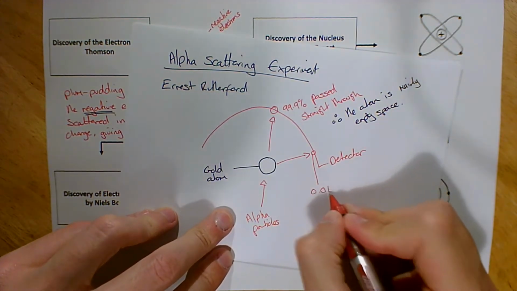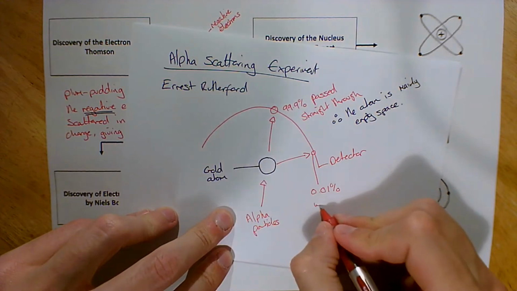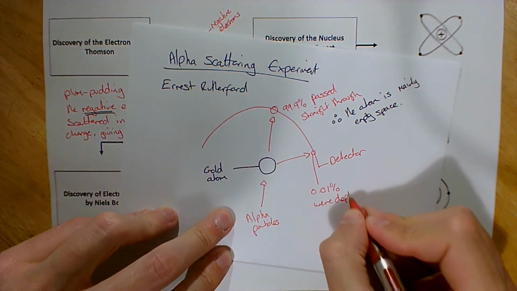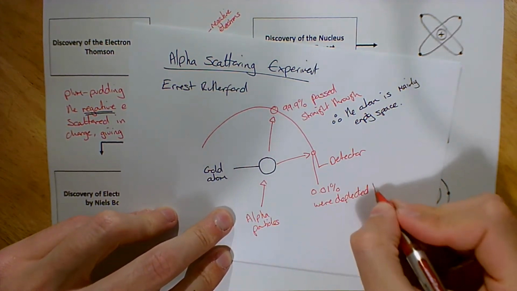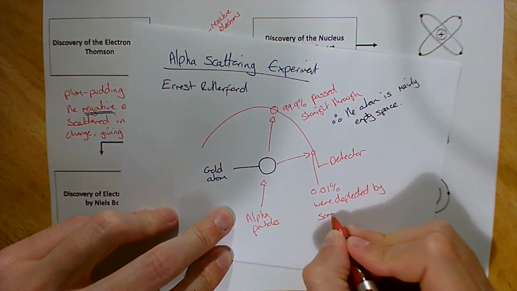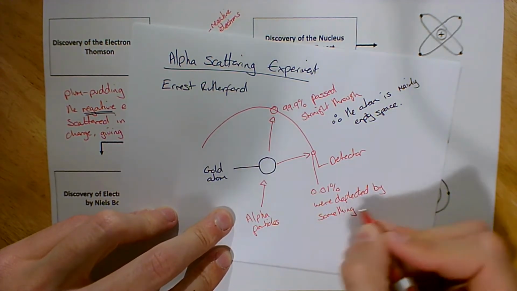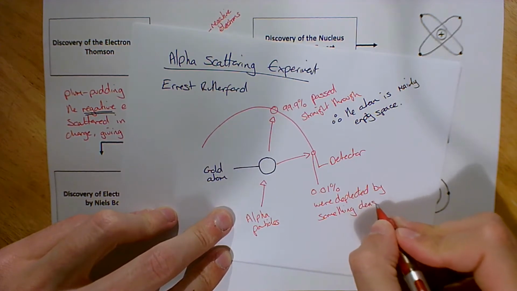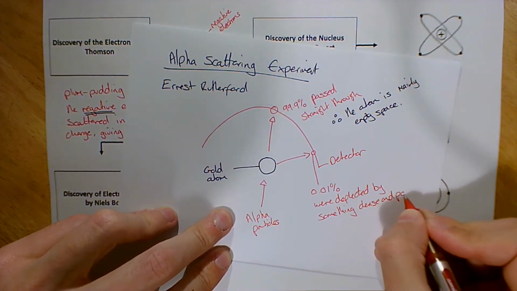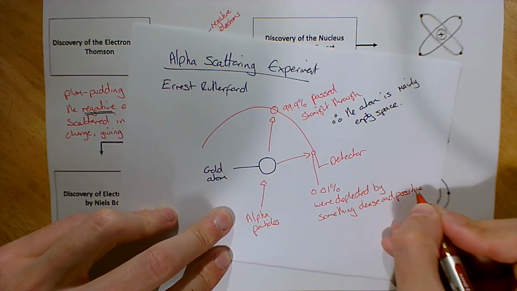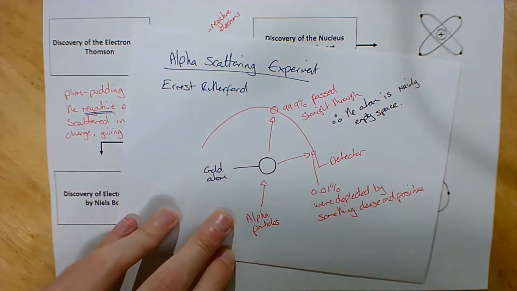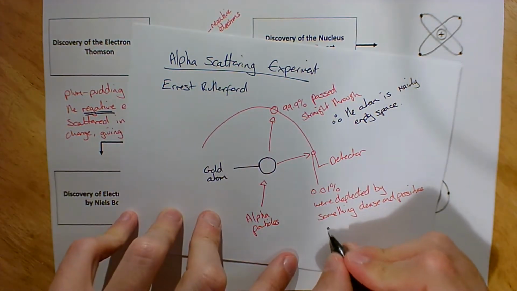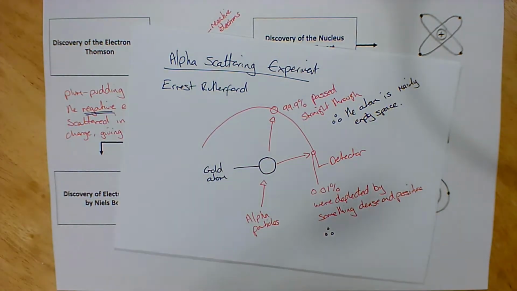So 0.01% were deflected by something dense and positive. And what they concluded from that was that there must have been a dense positive area inside the atom, and that became the nucleus.